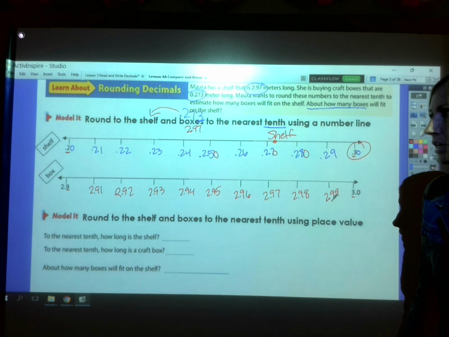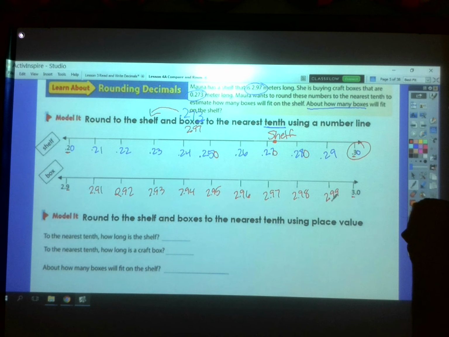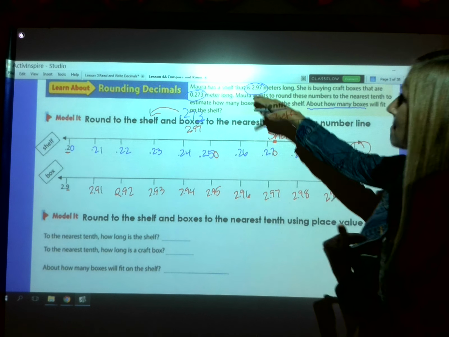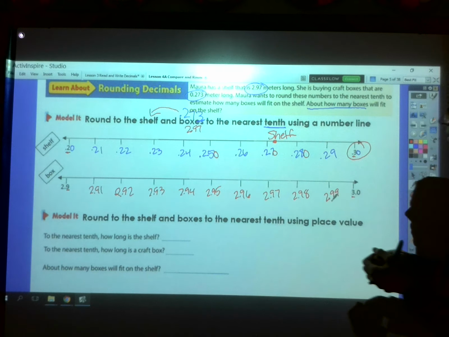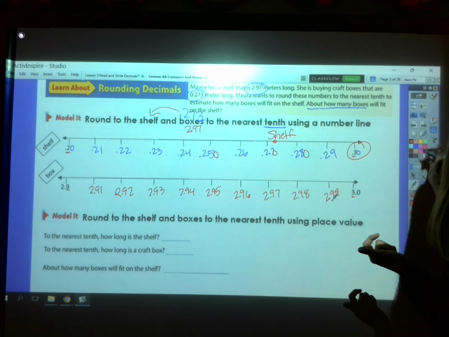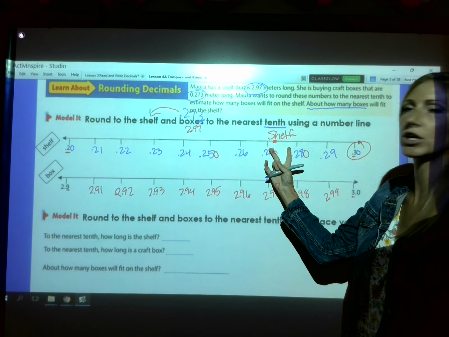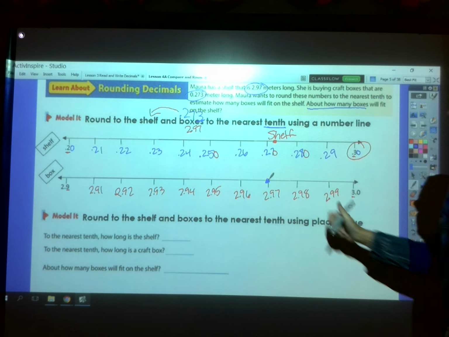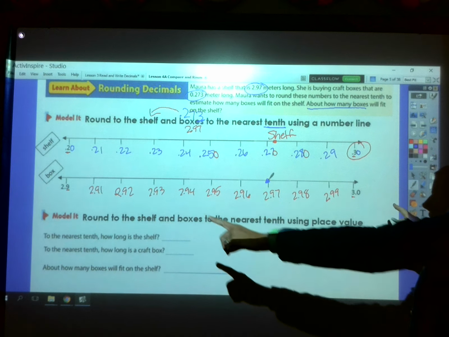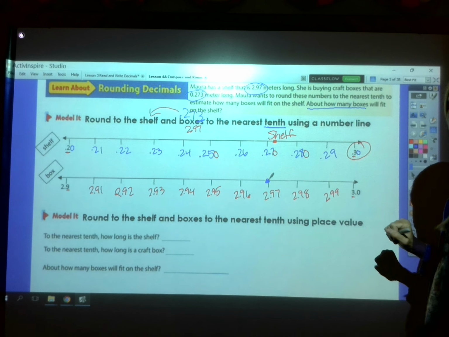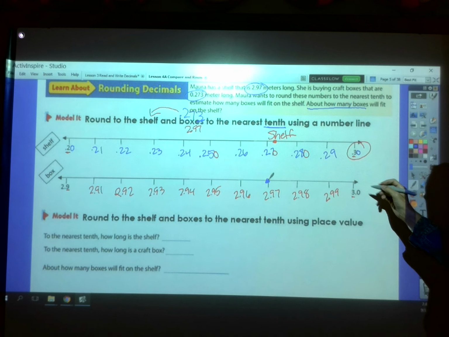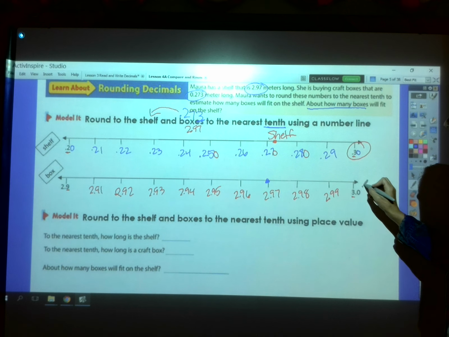So rounding to the nearest 10, where is this original amount, the 2 and 97? It's there. And we can see it right on the number line. It's right here. So we didn't even have to look in between like we did with the shelf. So for the box, which tenth is it closer to? Yeah, definitely the 3 wholes here.